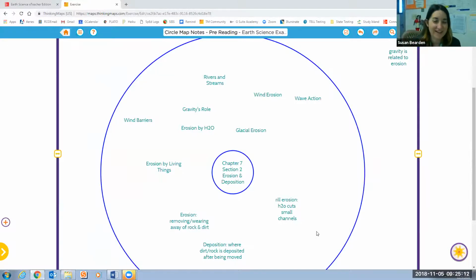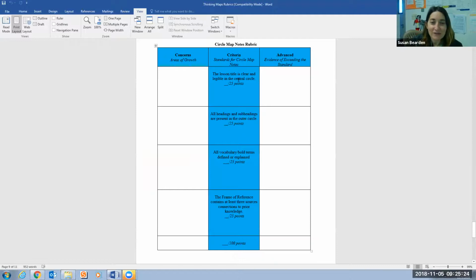You may have to go back and skim through the chapter, double-check, make sure you got all those headings and all the little titles. So then we've got the title clearly labeled in the middle. We made sure that all those little headings and subheadings were on our circle. And then all of the vocabulary or bold terms need to be defined or explained on our map, which we did very carefully.